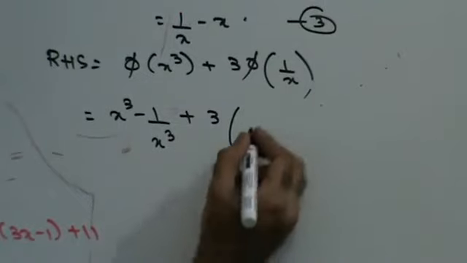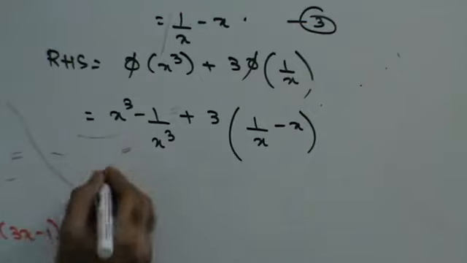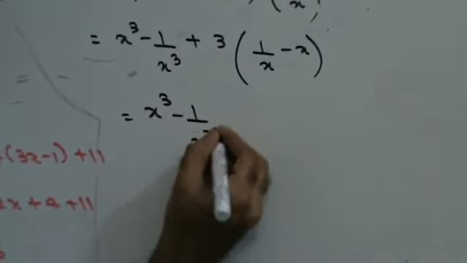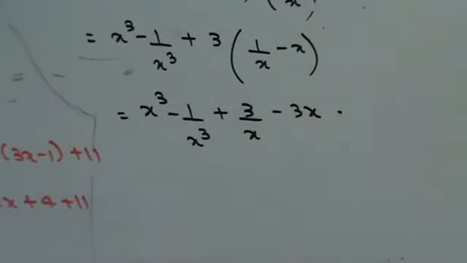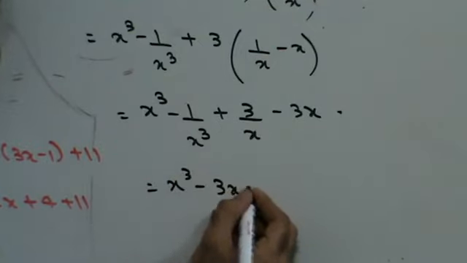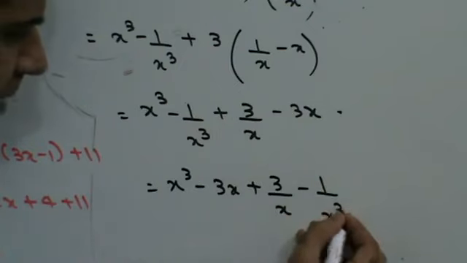From equation 3, I can say it is nothing but 1 upon x minus x. Open the brackets and simplify this. X cube minus 1 upon x cube plus 3 upon x minus 3x. Rearrange this. This is x cube minus 3x plus 3 upon x minus 1 upon x cube.